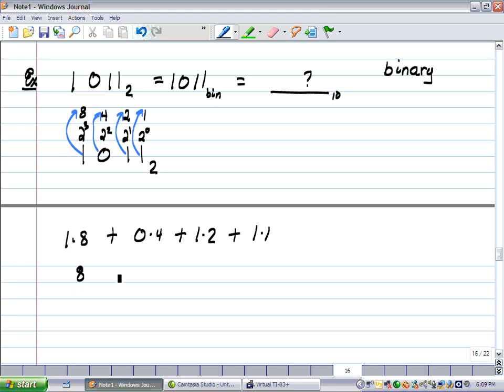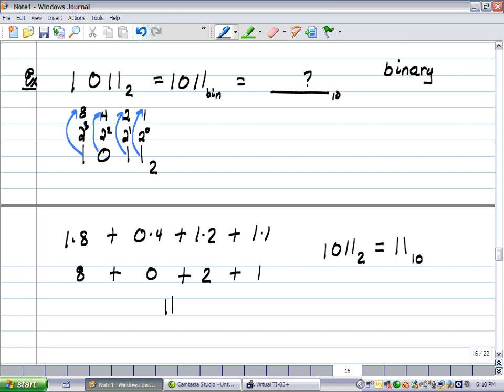So I get 8 plus 0 plus 2 plus 1, which is 11. So 1011 base 2 is the same thing as 11 base 10.